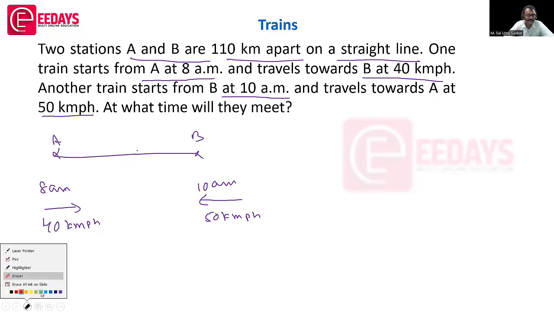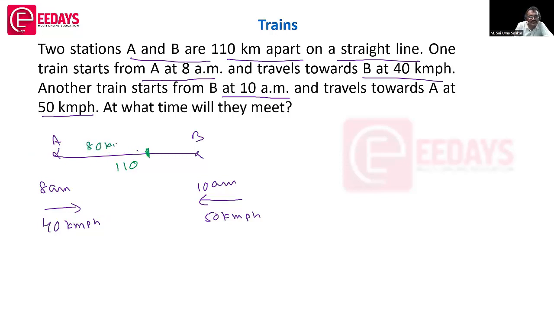Now, this is 8 a.m. and this is 10 a.m. Total 110 kilometers apart. At 10 a.m., this train covers how much distance? 80 kilometers, right? Now the time is 10 a.m. Both move in opposite directions.